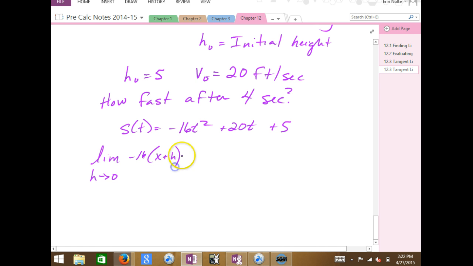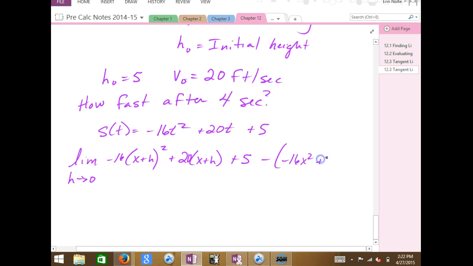I'm going to use x's in place of my t's just so you guys know. Negative 16 times x plus h squared plus 20 times x plus h plus 5. So that's plugging x plus h in. And then I subtract my function, all over h.